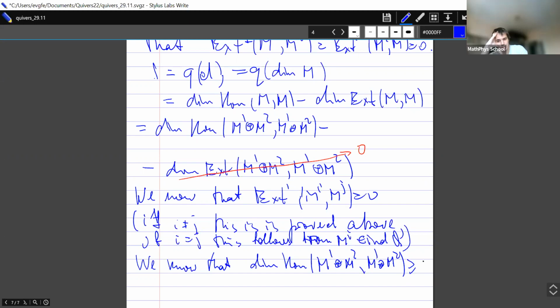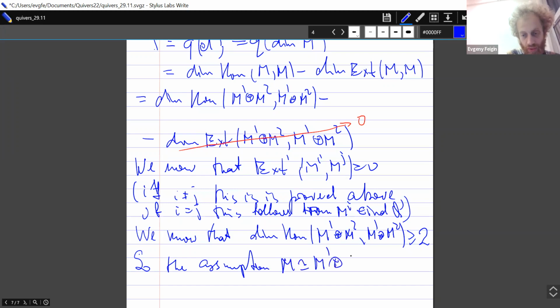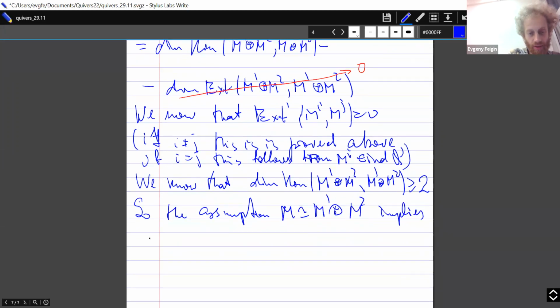So this is at least the number of summands. So this is at least 2, right? So our assumption that M is isomorphic to M1 plus M2 implies that 1, being q of the dimension of M, is greater or equal than 2. So this is no good.